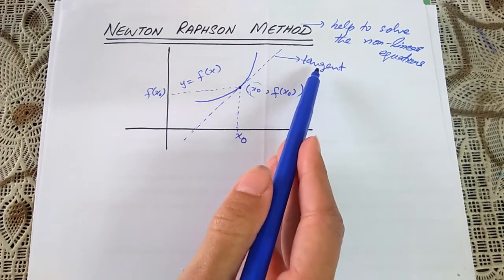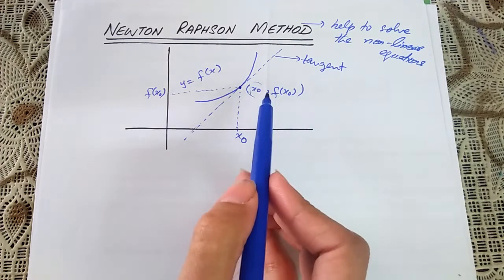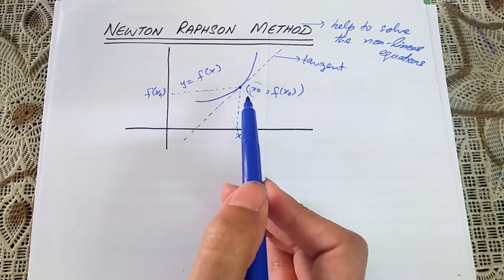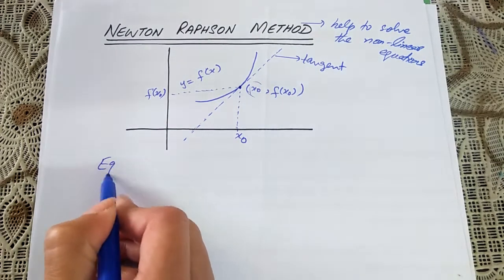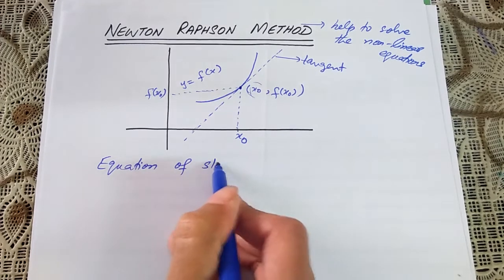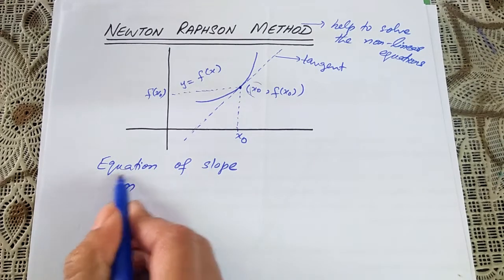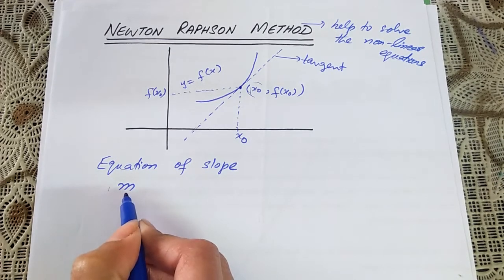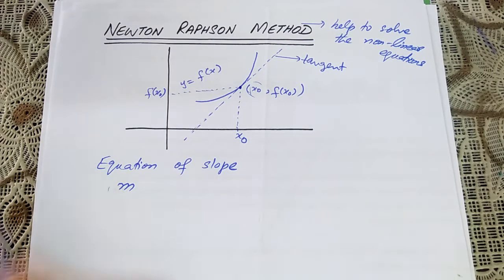We know very well the tangent is normally called the slope of the curve. We will use the equation of slope. Slope is normally represented as m and it can also be represented as tangent, as dy by dx, or we can say f dash of x.